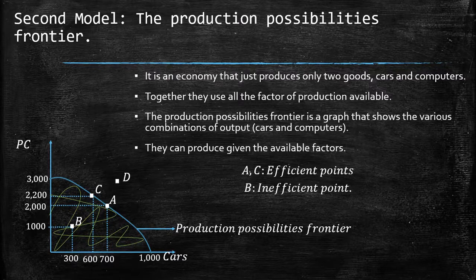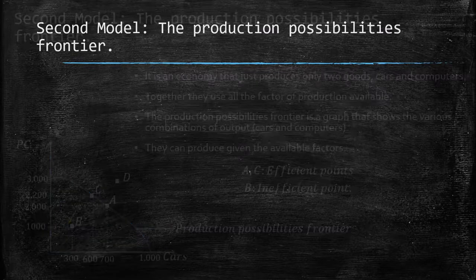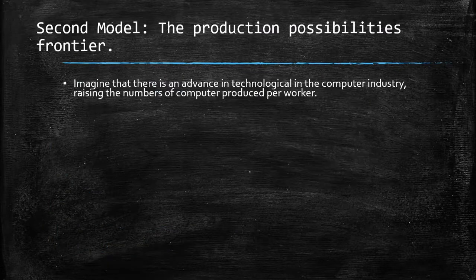Point B is an inefficient point, because at this point I can devote more resources and reach point A, point C, or another point which lies on the production possibilities frontier. And point D is just unreachable. We cannot go there.